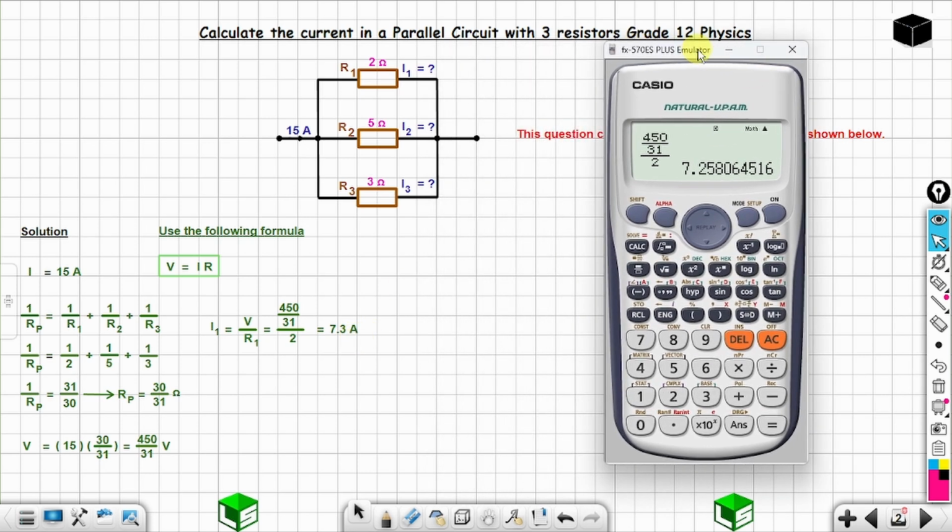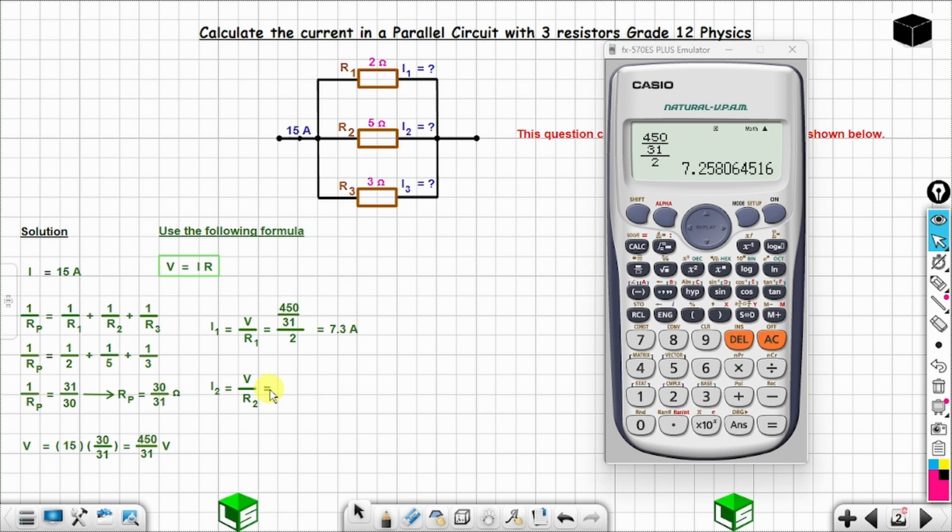Now I2 is equal to V over R2. To find I2, you are going to use R2, which is equal to 5.